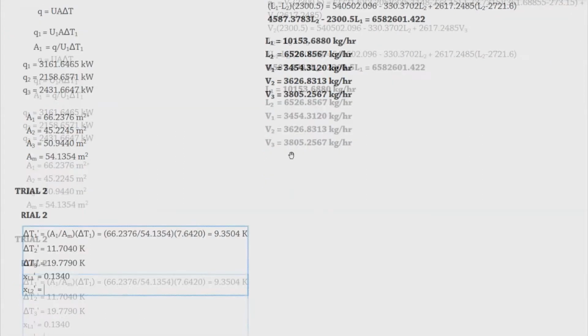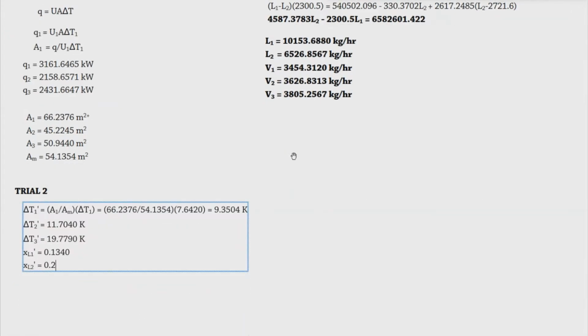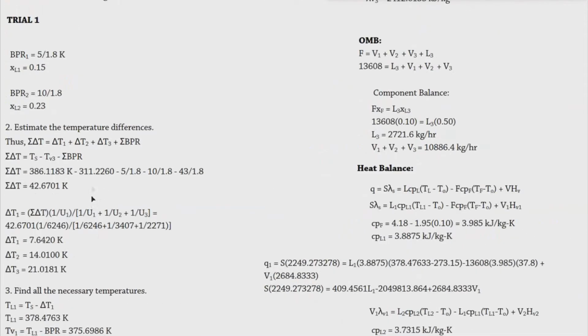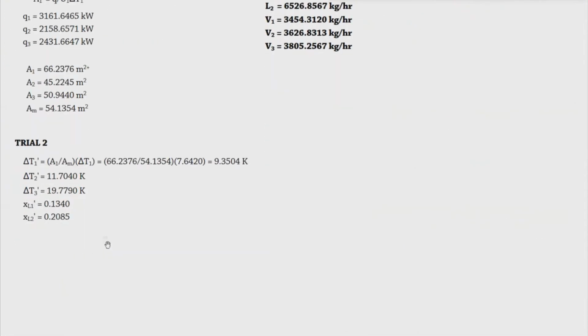So you'll be able to get a value of 0.2085. Okay, so ito yung ating fraction na bago, and before, we assumed na yung ating value is 0.15 and then 0.23.